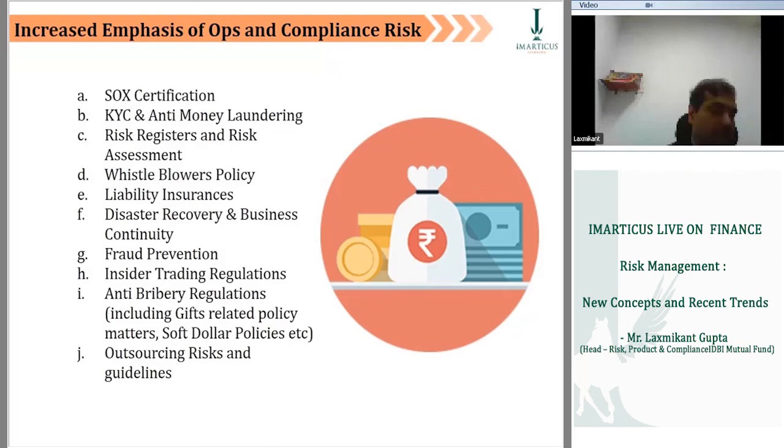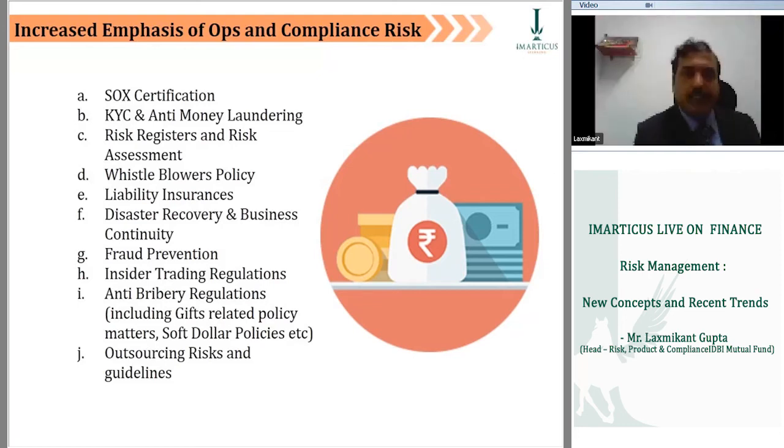Fraud prevention policies are prevalent across organizations, and most of them have focus areas like job rotation and compulsory leave during the year. Then insider trading regulation, after the Rajaratnam case and certain other cases, led to further complexity in relation to banks, where they have many directors on the boards of various listed companies.